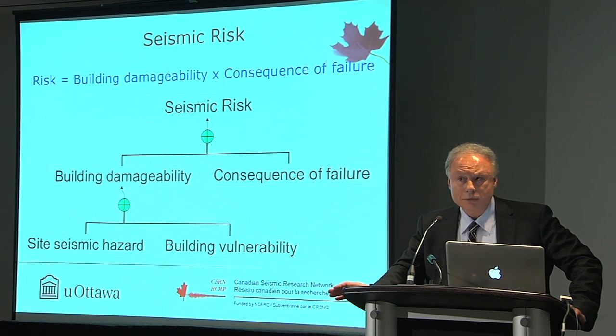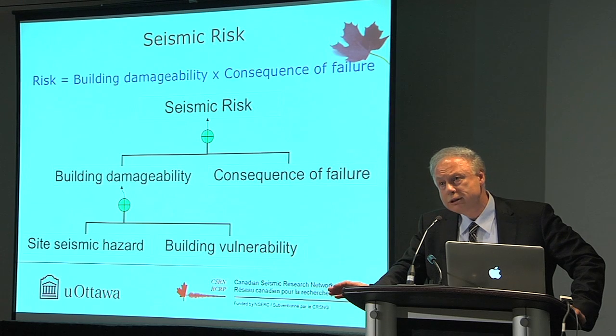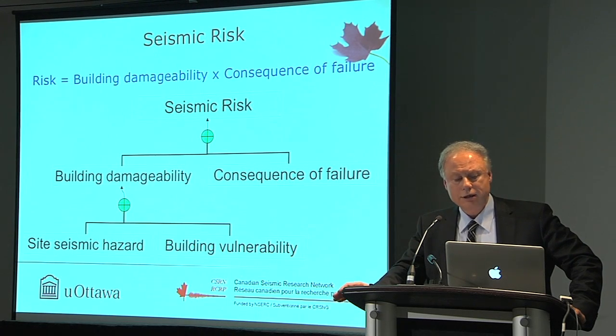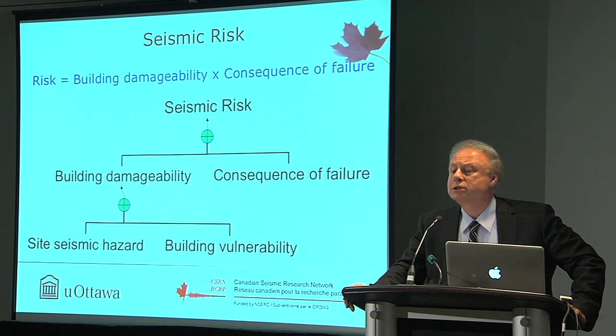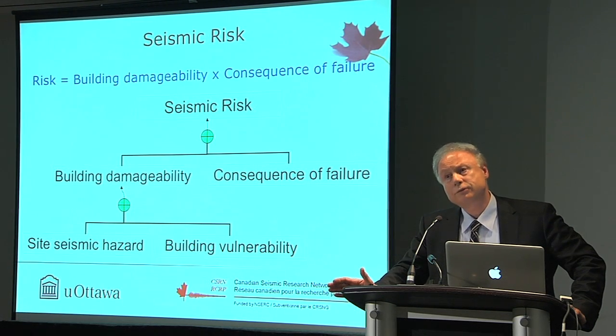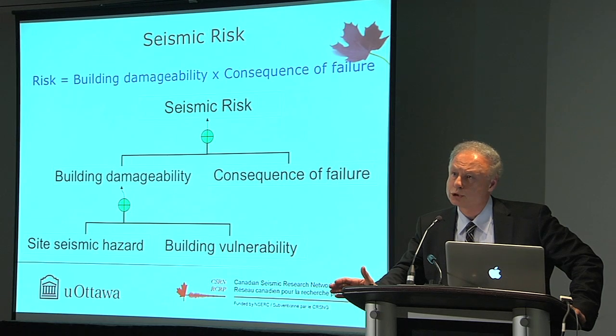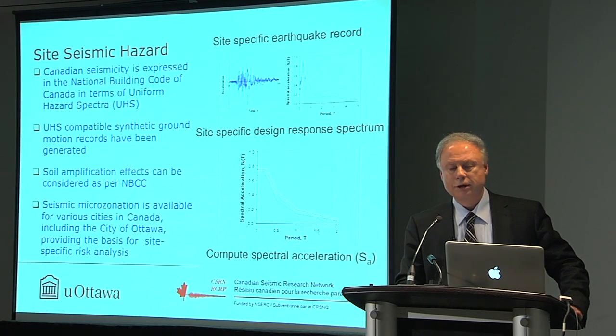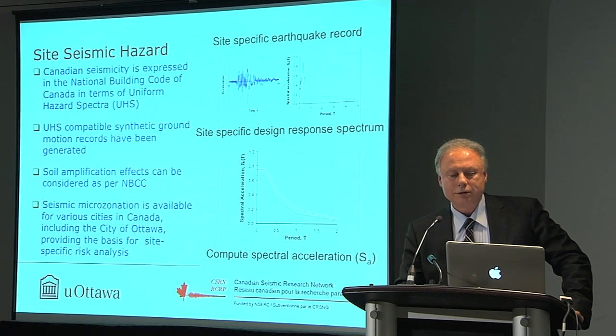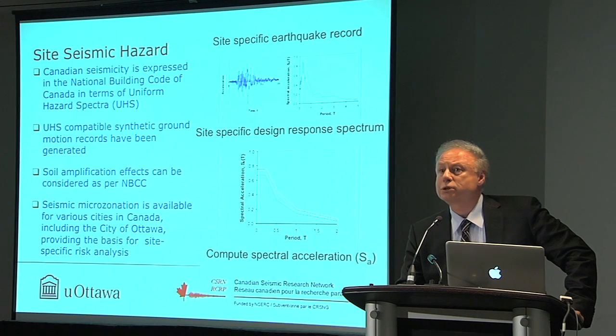If you have the same high hazard, but poorly designed building, obviously its damageability will be high. Same damageability downtown Toronto versus in the middle of nowhere would have different risks. So this is where the exposure comes. So the idea is to capture all of these points. Again, you've been lectured all morning on seismic hazard, so I will pass through this quickly.